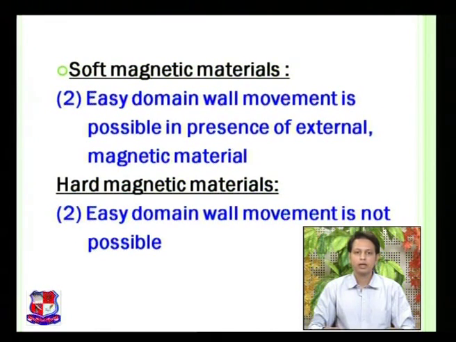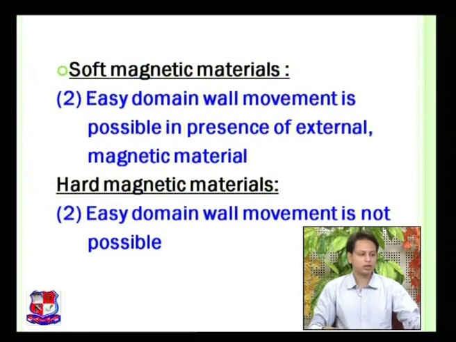That means in soft magnetic materials, due to the presence of an external magnetic field, due to the atoms and grain boundaries, the domain walls are easily movable, due to which there will be a change in magnetism. That means they can be easily magnetized or demagnetized. Whereas easy domain wall movement is not possible in hard magnetic material, which represents that it cannot be magnetized or demagnetized easily.